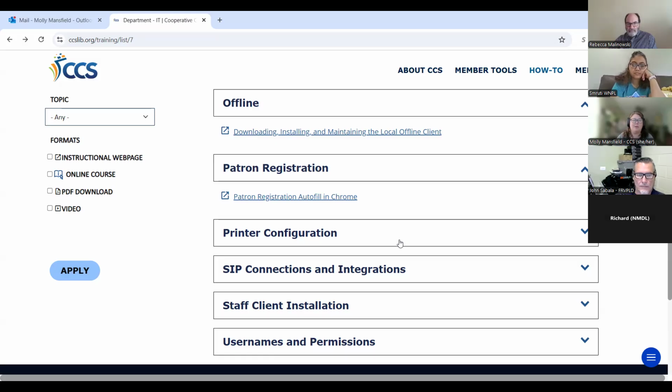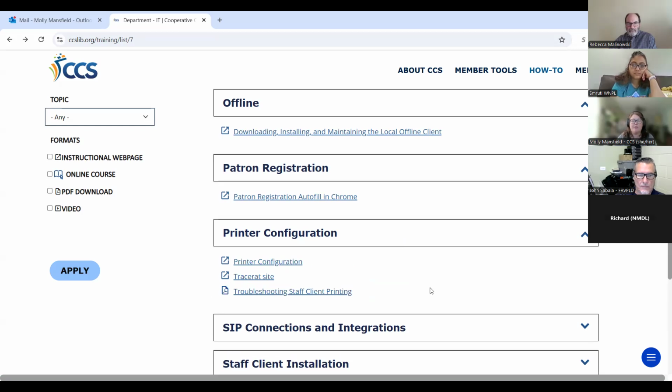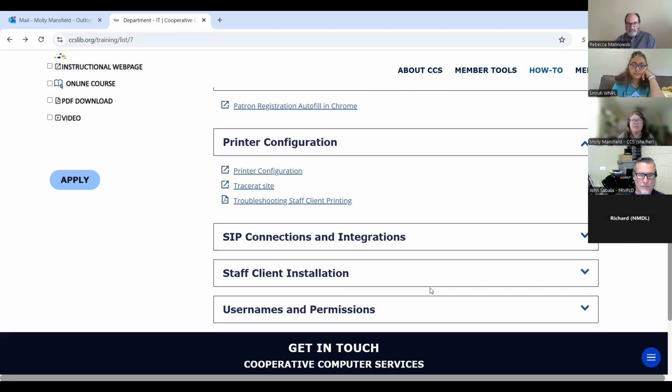So just reminding people to make sure that's not set in Chrome for those certain desktops. So printer information, SIP information, staff client information, and usernames and passwords.